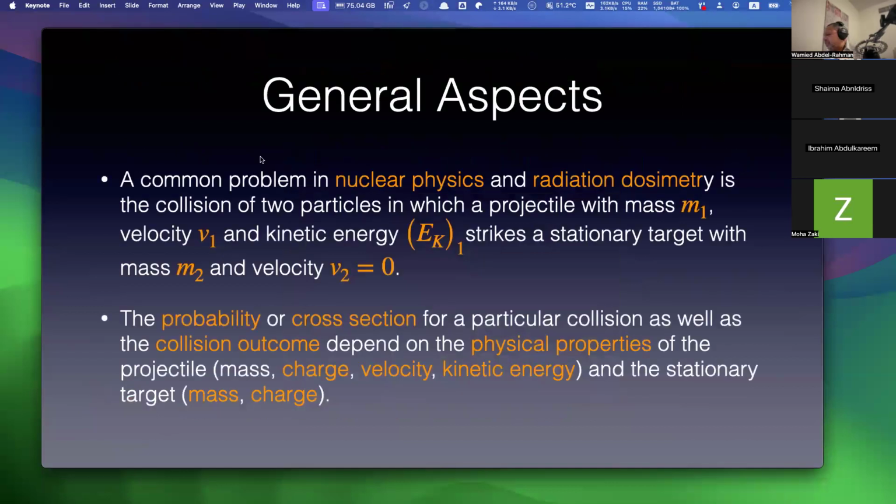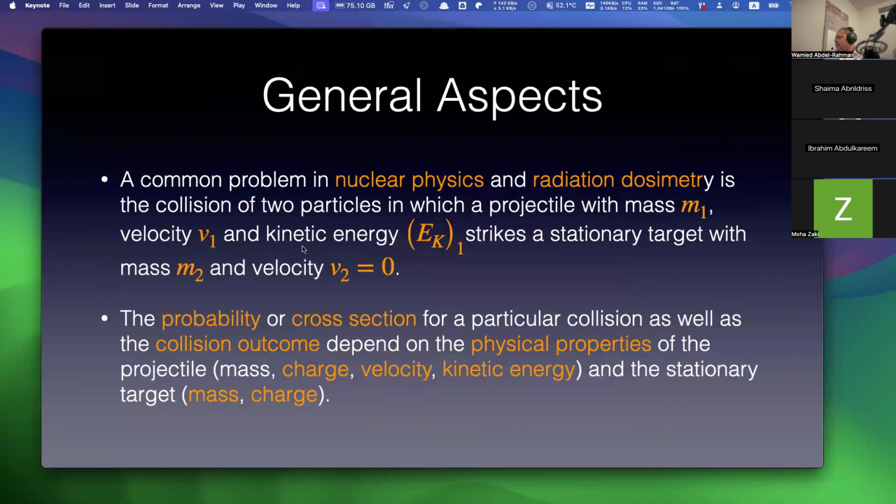So the general aspects of two particle collisions. This is something commonly a problem in nuclear physics and in radiation dosimetry, where in such two particle collisions, we have a projectile, a particle with mass m1. A projectile means it has kinetic energy, so that means it has a velocity.